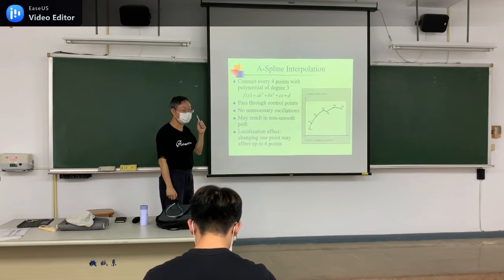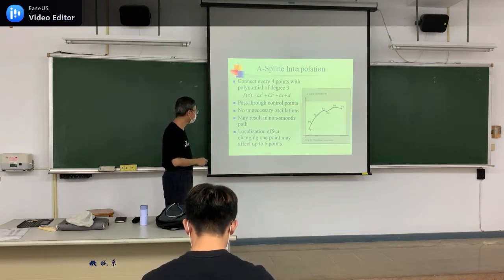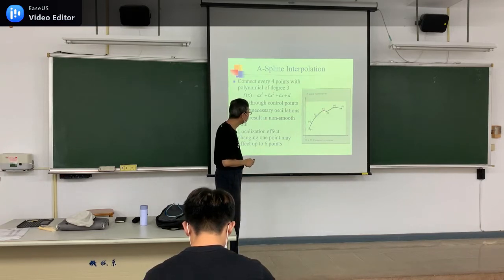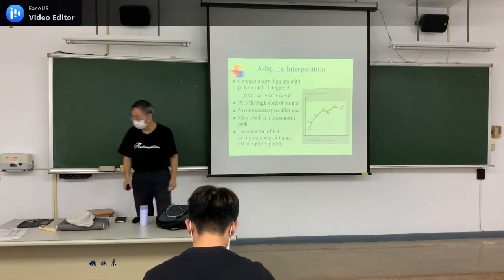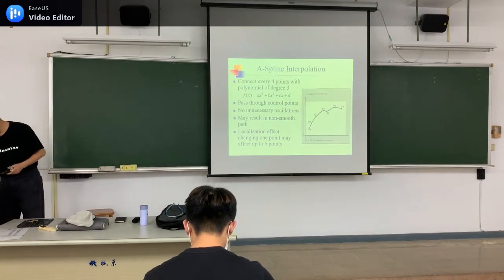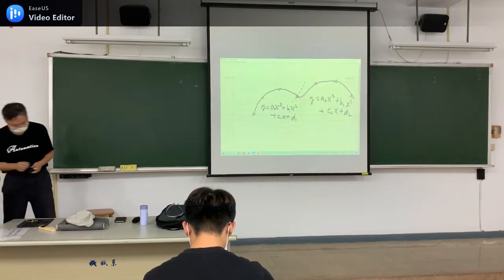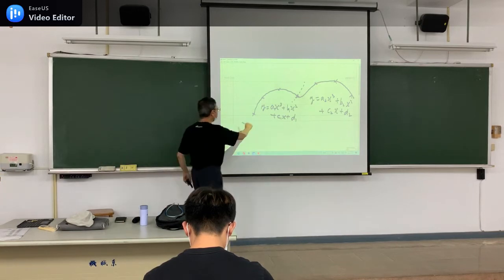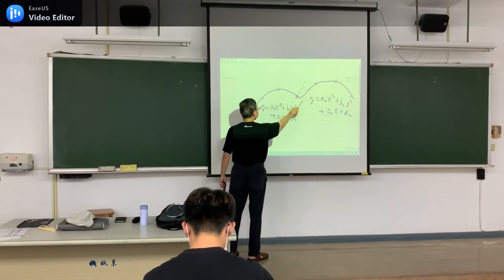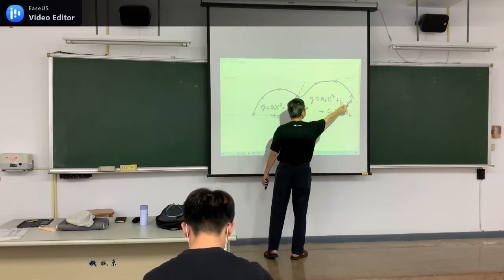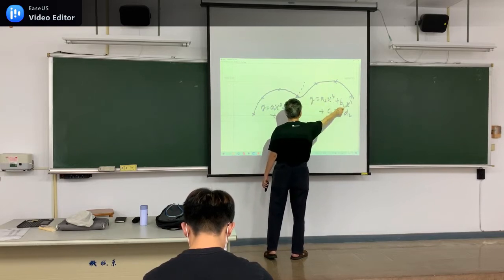However, there's one problem. It may result in a non-smooth phase, especially at the junction here. As you can see, in our example here, this 4 point will form a polynomial. This polynomial will result in this way. This 4 point will result in another polynomial that will result in this way.